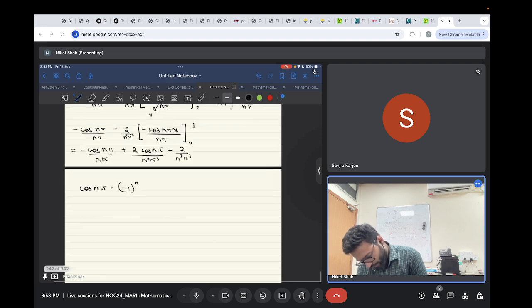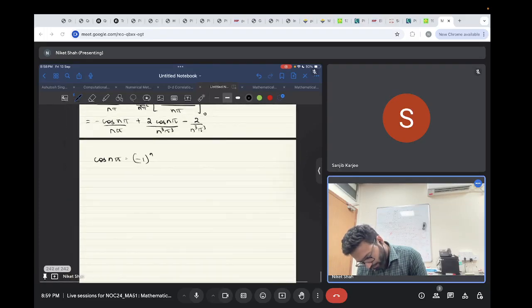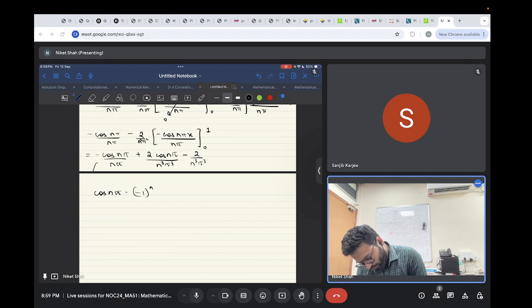And here I have not taken the negative sign and the 2. So now when I include both the negative sign and the 2, it is minus 2 times the minus of (minus 1) to the power n upon n pi, plus 2 times (minus 1) to the power n divided by n cubed pi cubed, minus 2 by n cubed pi cubed.